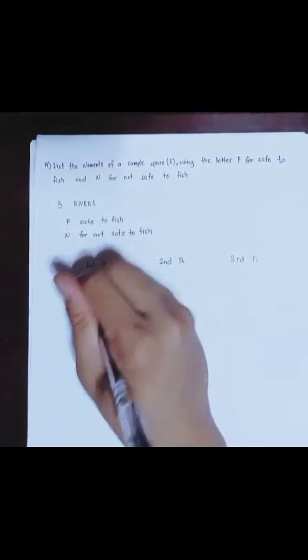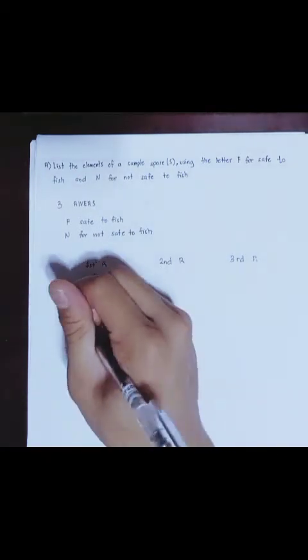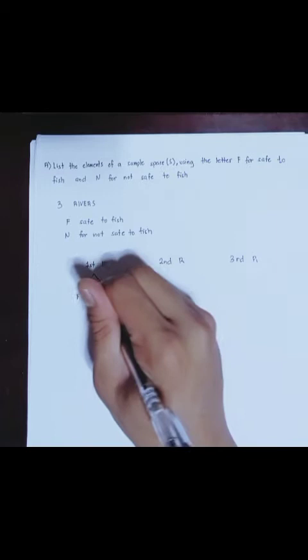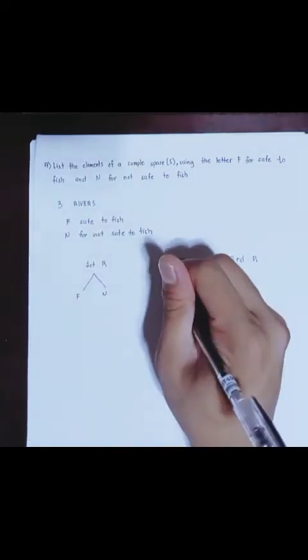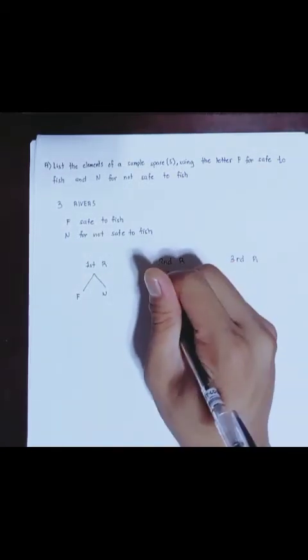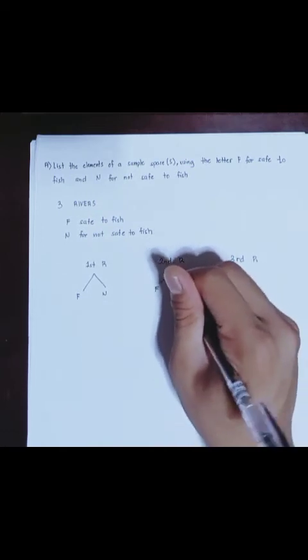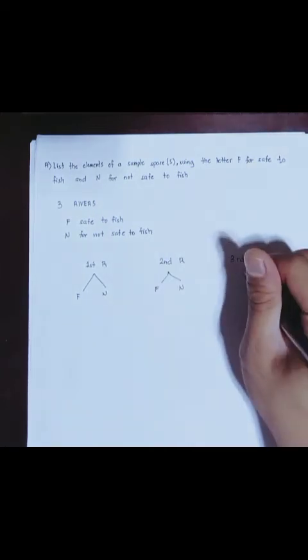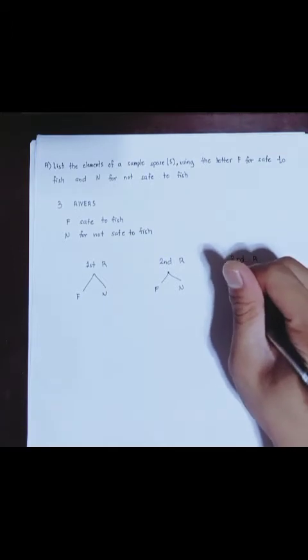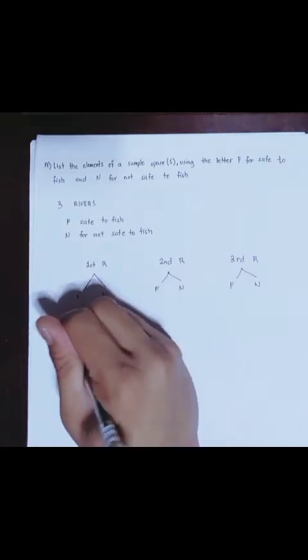So we all know that we have two possible outcomes in the first river, which is either the F or the N. Same with the second river, we have the F and N, as well as the third river, we have F and N. So now that we have the tree diagram, we can now easily find the possible elements of a sample space.